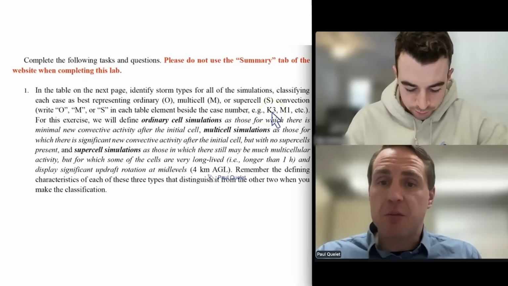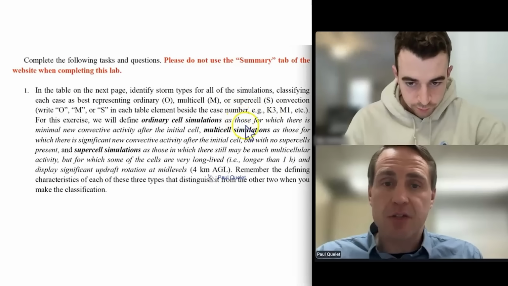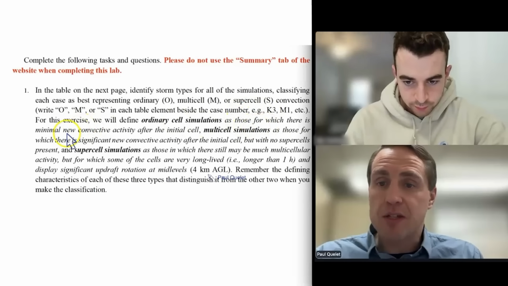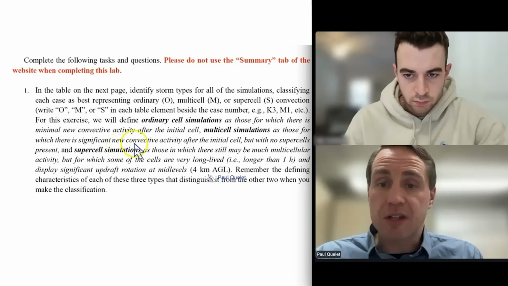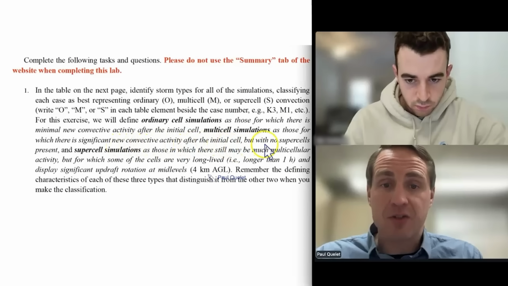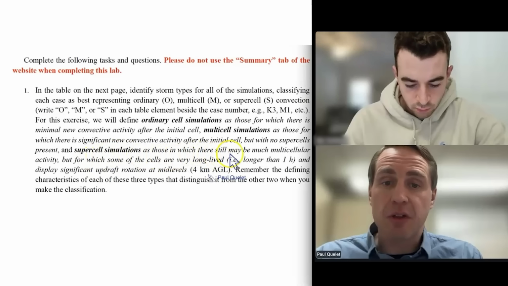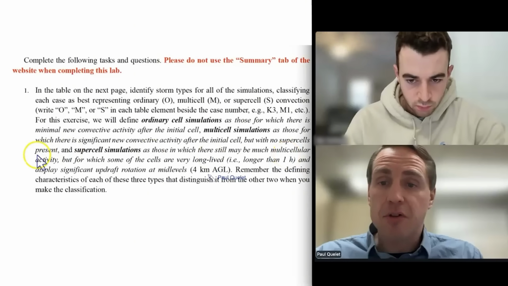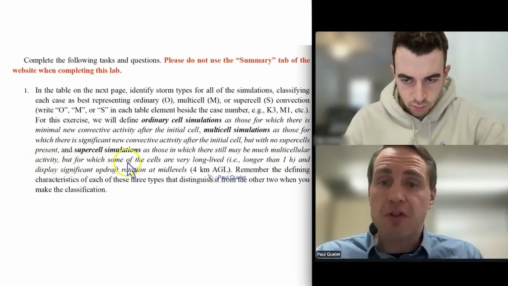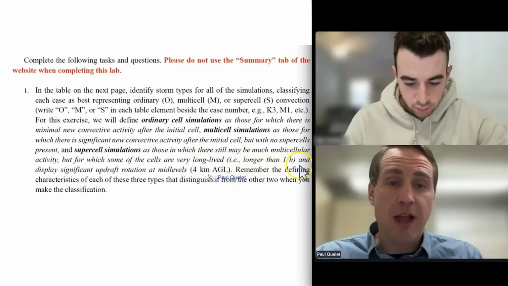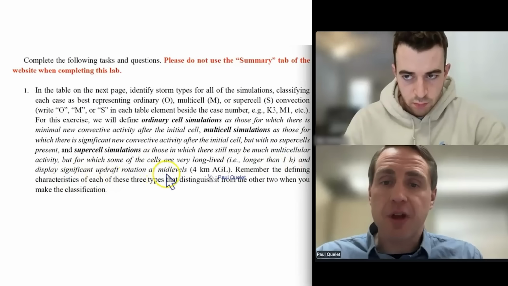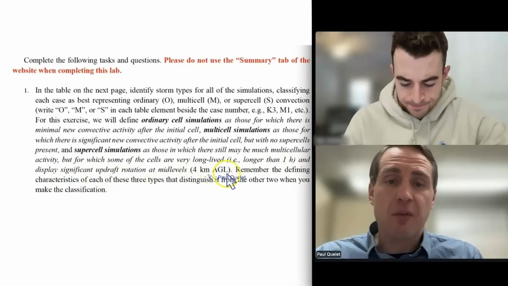For this exercise, we will define ordinary cell simulations as those for which there is minimal new convective activity after initial cell, multicell simulations as those for which there is significant new convective activity after initial cell, but with no supercells present, and supercell simulations as those where there still may be much multicellular activity, but for which some of the cells are very long-lived, i.e. longer than 1 hour, and display significant updraft rotation at mid-levels, 4 kilometers AGL.